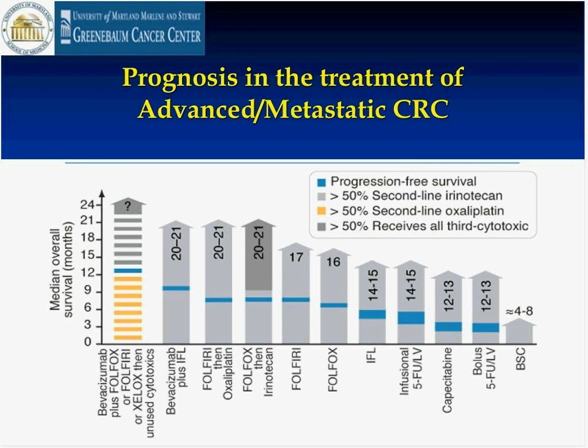With addition of biological agents, you can certainly get a few months added to that, but nevertheless, the disease progression-free survival has not significantly changed with the advancement in therapy.